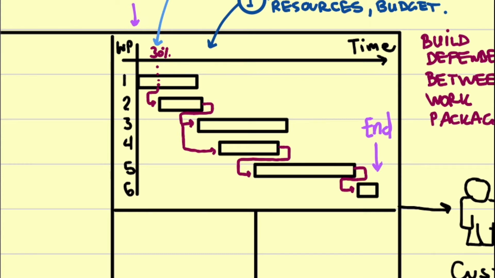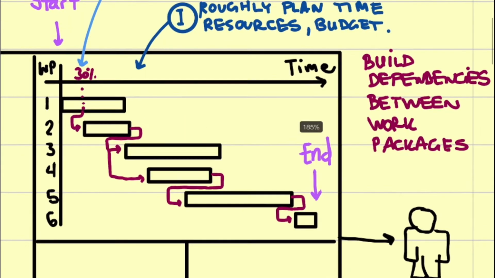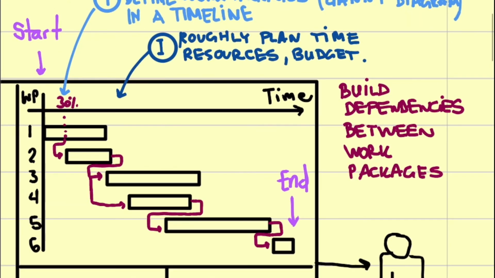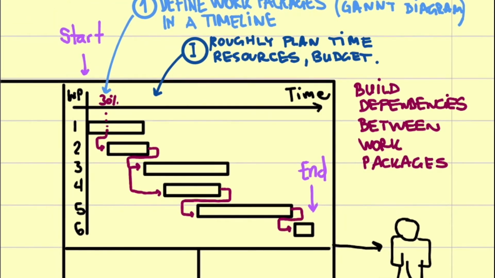So, what word? Build dependencies. Abhängigkeiten.